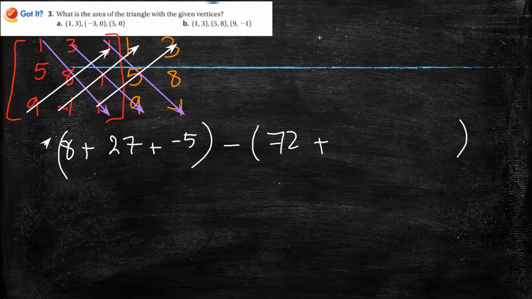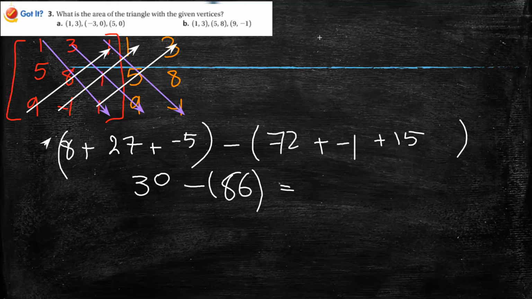Plus negative 1 times 1 times 1 is negative 1. 1 times 5 times 3 is positive 15. Then 8 plus 27 is 35, minus 5, 30. 72 minus 1, 71. 71 plus 15, 86. 30 minus 86, negative 56. So the determinant for this matrix is negative 56.